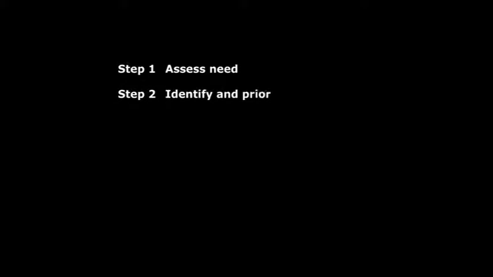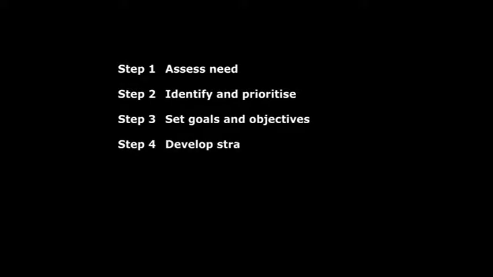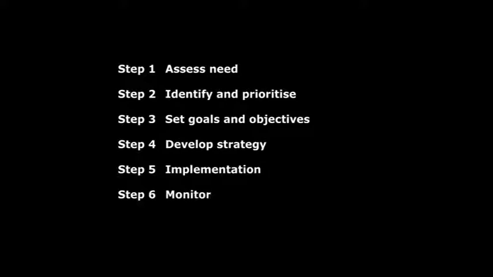Generally, there are 6 different steps in planning. These include step 1, that is assess need. Step 2, that is identify and prioritize. Step 3, that is set goals and objectives. Step 4, that is develop strategy. Step 5, that is implementation. Step 6, that is monitor and evaluate.